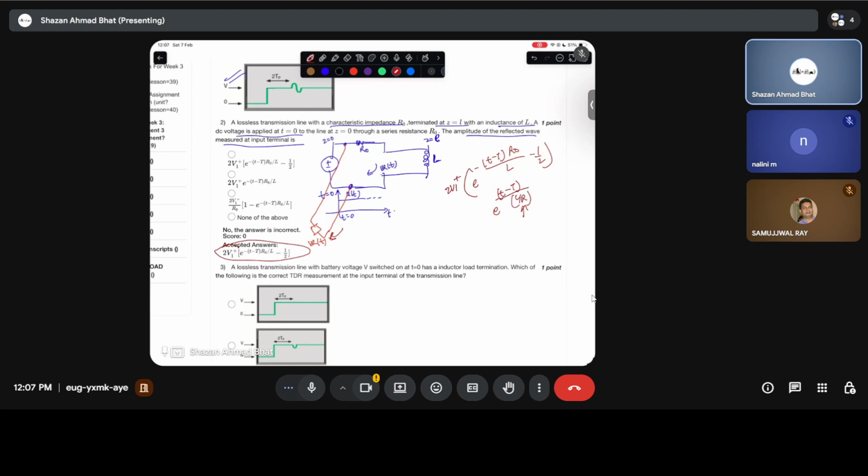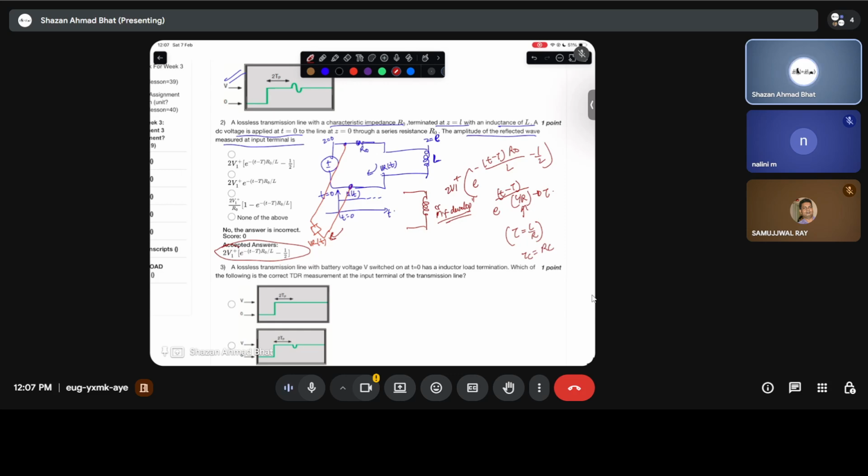This L over R is the time constant of an inductor. For a capacitor it's R times C, but for an inductor it's L by R. So you can write it as tau. This is the time constant associated with the inductor, for the magnetic field to develop inside the inductor, just like the charging and discharging of a capacitor.